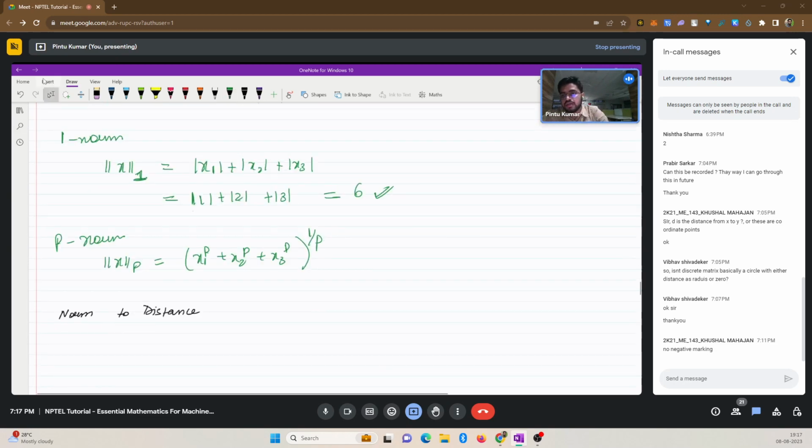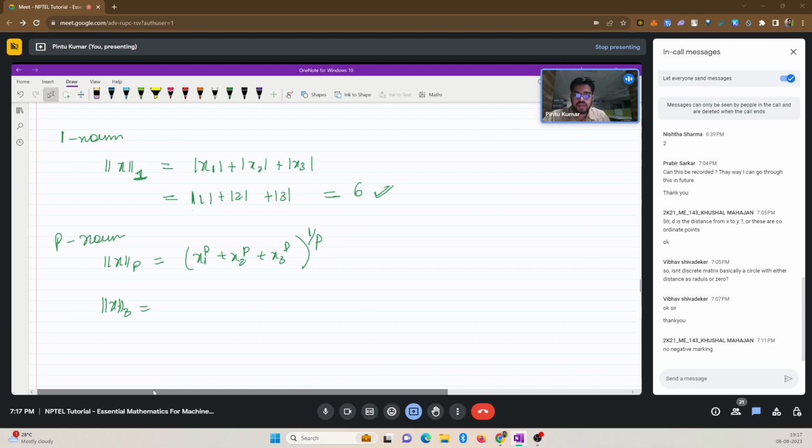For example, for the same 1, 2, 3, the 3 norm of this would be 1 cube plus 2 cube plus 3 cube, to the power 1 by 3. So this is 27 plus 8, that is 35, plus 1, 36. So this will be the cube root of 36. That is the 3 norm of this vector.